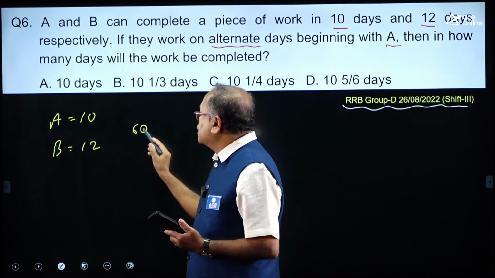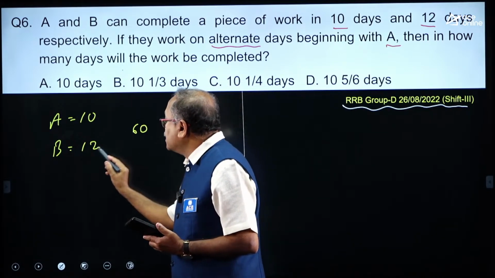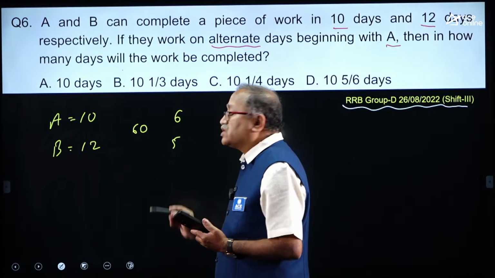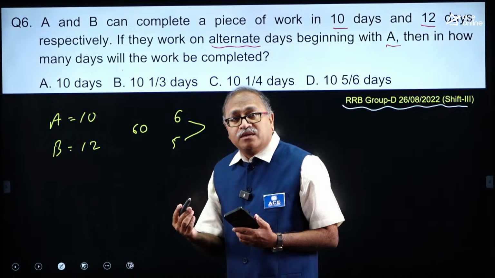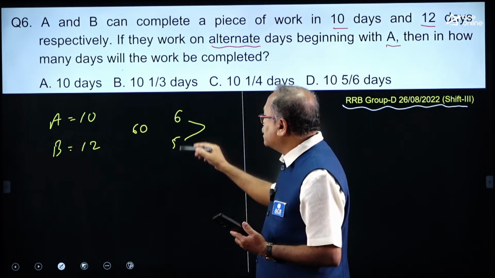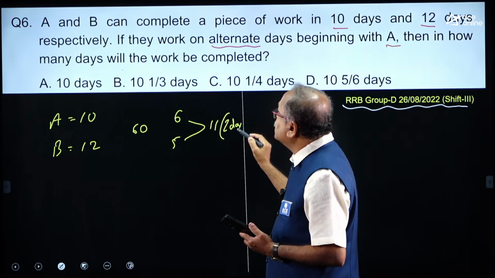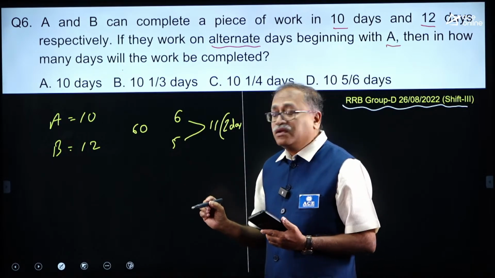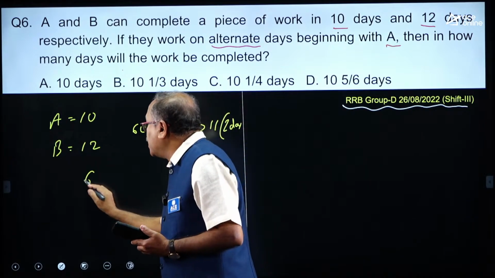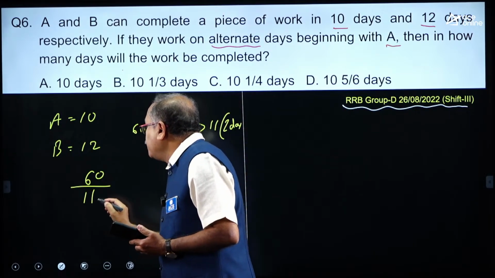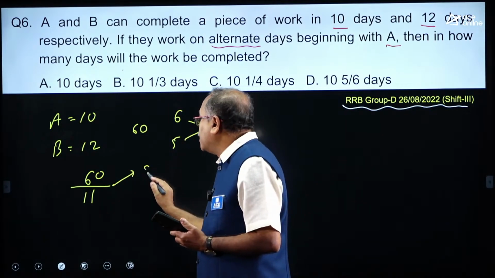So 60 divided by 10, that is 6 units by A, and 60 divided by 12, that is 5 units by B, and together it is 11 units for every 2 days, because they are working on alternate days. So divide this 60 by 11. You will get 5 times, so that is 55.